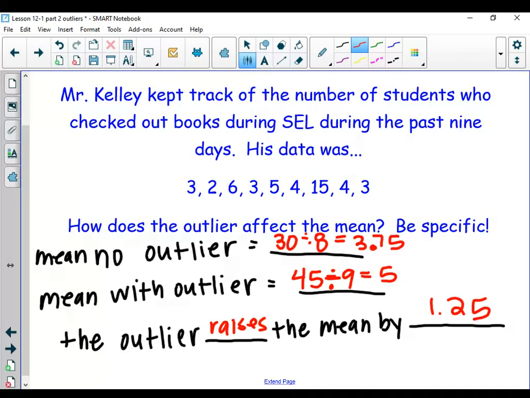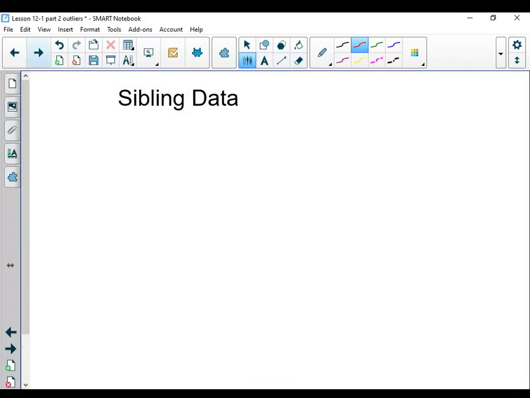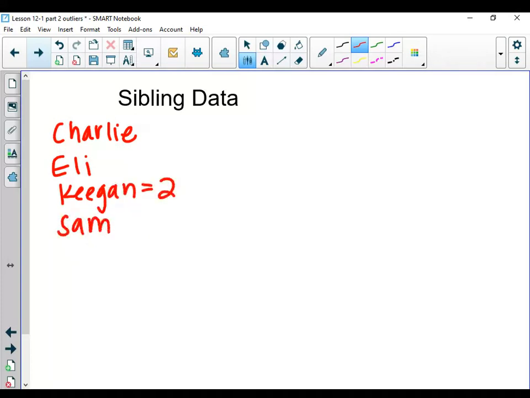We're going to go out of order in our boxes for a minute. Yesterday when we had that data about our siblings, will someone turn back? Who did we have? Charlie, we had Eli, Keegan, Samantha, Sam, Tanner, and Jack, and then the other people did their own names.